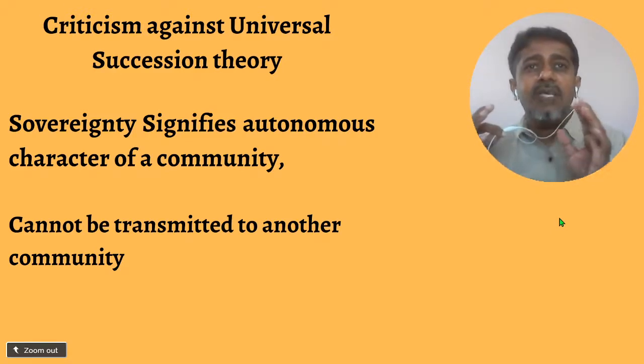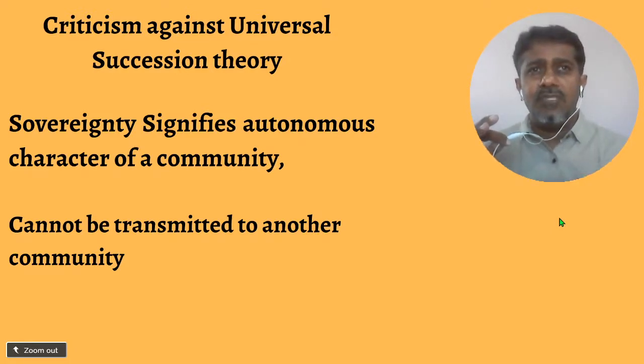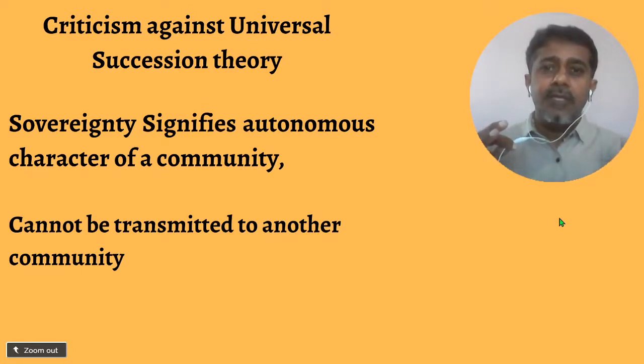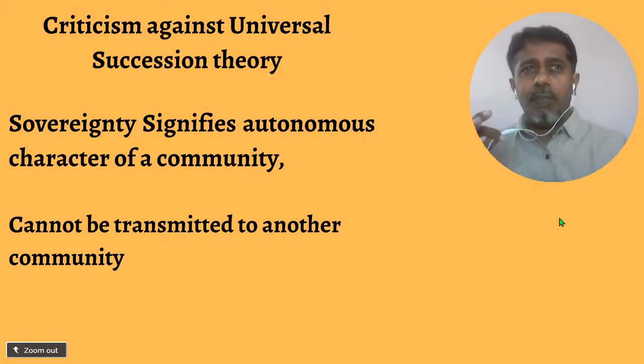So that should not be allowed. That is also considered as the reason why some of the states or some of the jurists don't accept universal succession theory propounded by Hugo Grotius. These are few important things which we should know as far as universal succession theory of state.